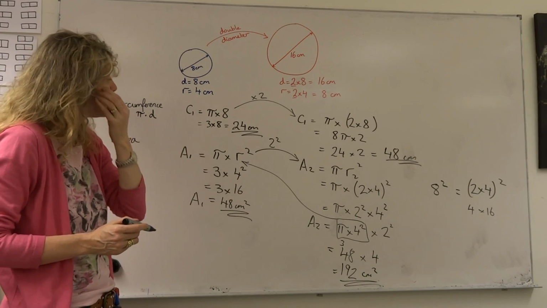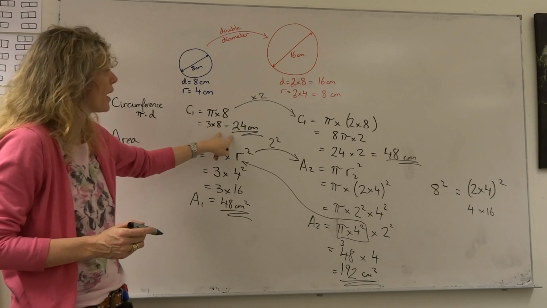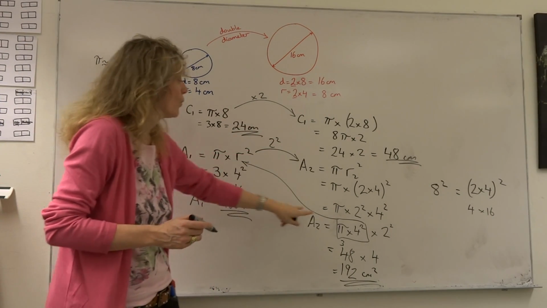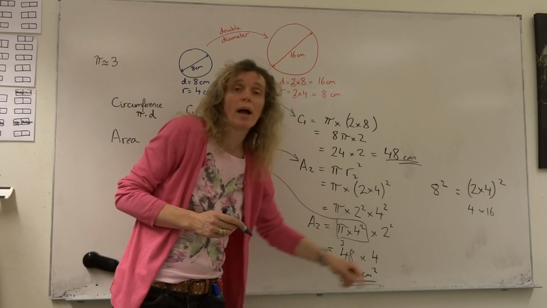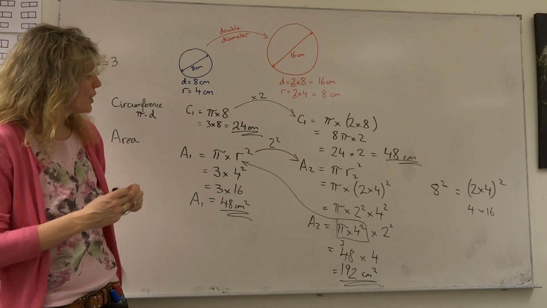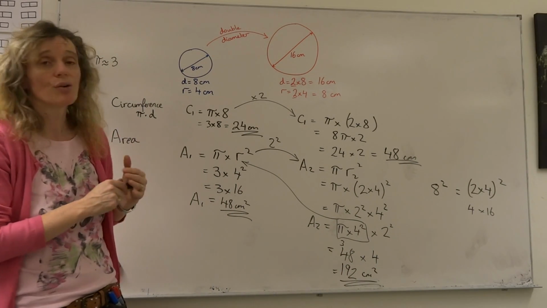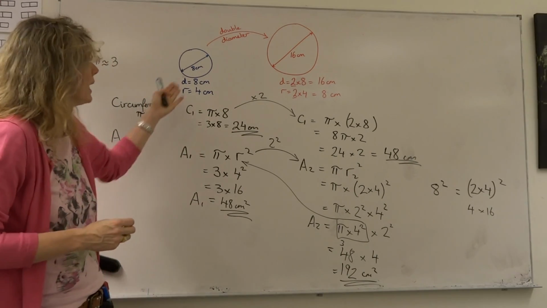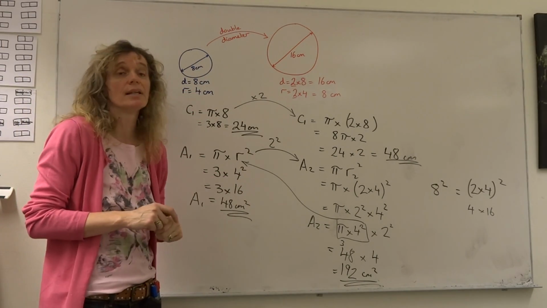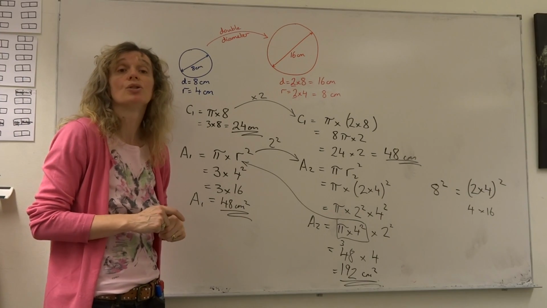So this 2 that we multiplied by for the circumference, we multiply by a factor of 2 squared when it comes to area. So you can see the difference here: increasing a dimension by 2 in length actually increases the area by 2 squared.